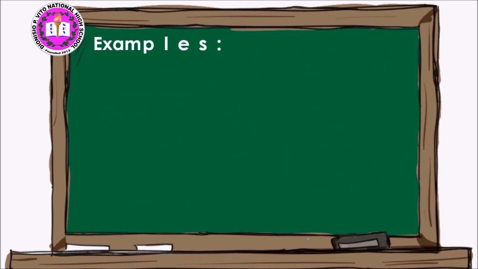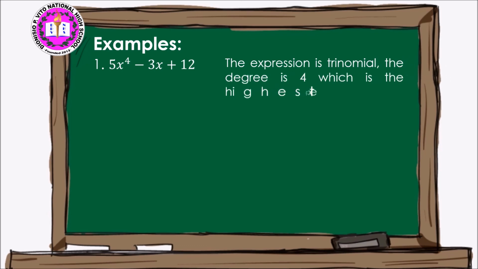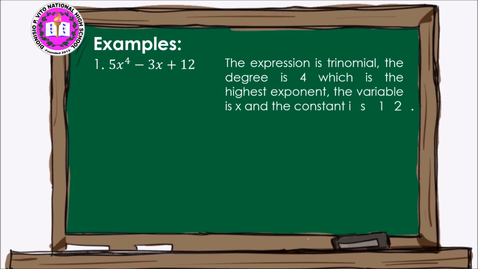For example, 5x raised to 4 minus 3x plus 12. The expression is trinomial. The degree is 4, which is the highest exponent. The variable is x, and the constant is 12.